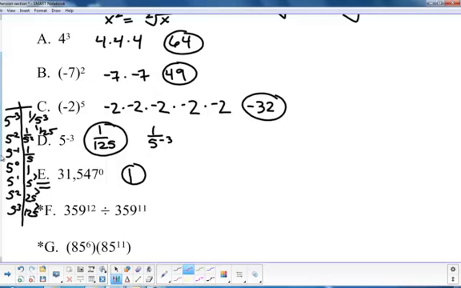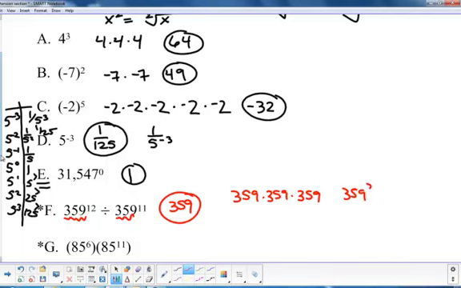In F, this means we have 12 359s on the top and 11 359s on the bottom. So that would mean we have 1 359 left. So like if you had 359 to the third divided by 359 squared, same thing, I just don't have to write out 12 of them.